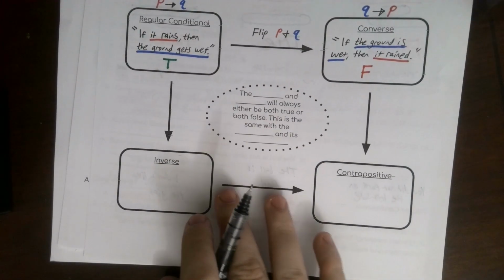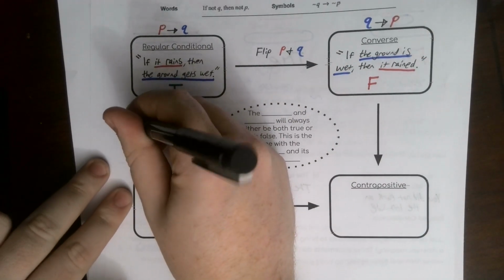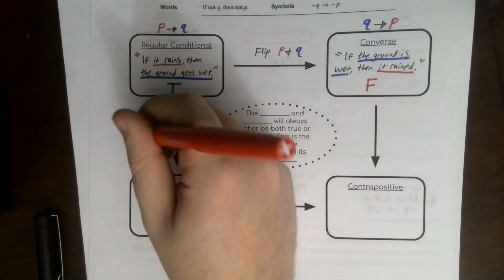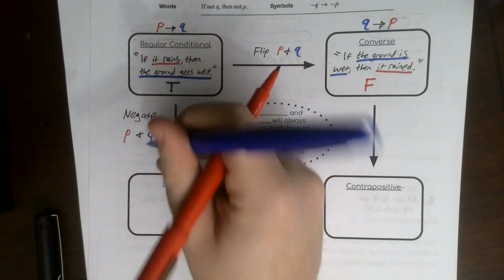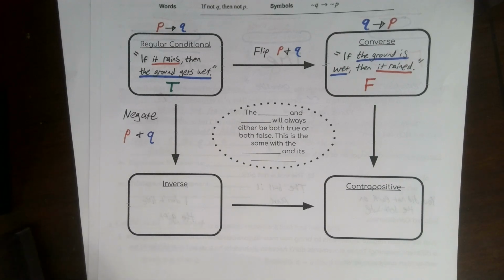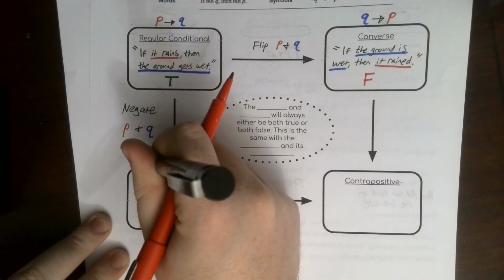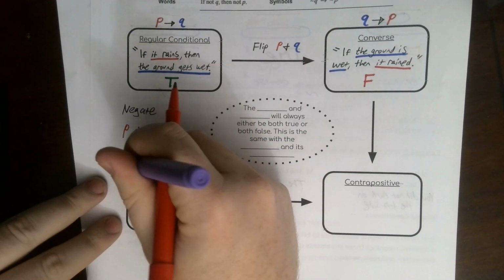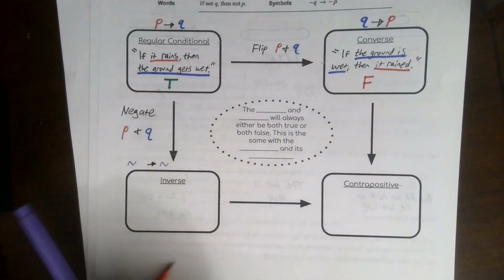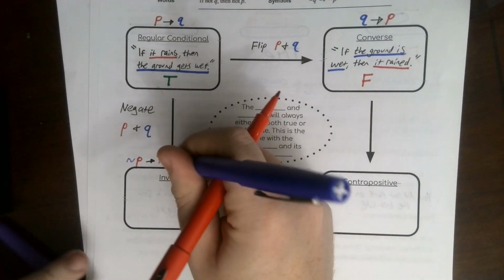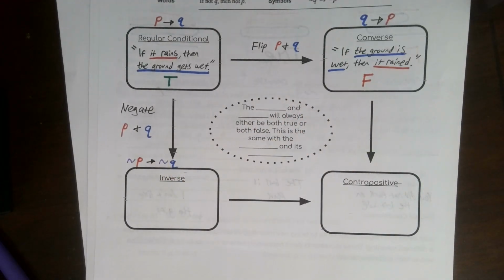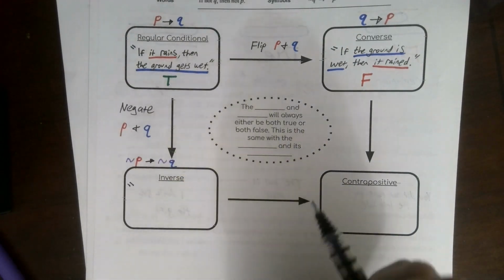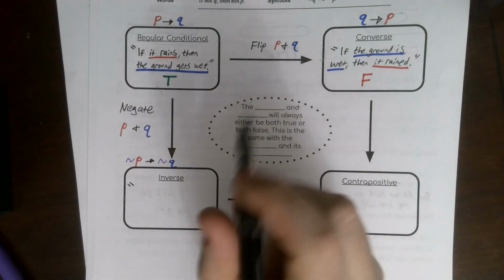To make the inverse, all we have to do is negate both our hypothesis and conclusion, P and Q. So the inverse statement would look like this. I'm still going to have my arrow in between P and Q. It's still a conditional, but this time it's not P implies not Q. So if our original statement is, if it rains, then the ground gets wet, what are the negation of those two?